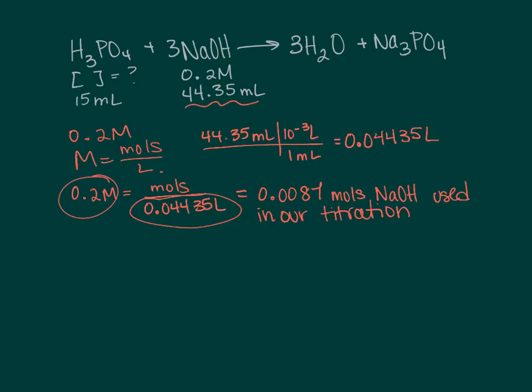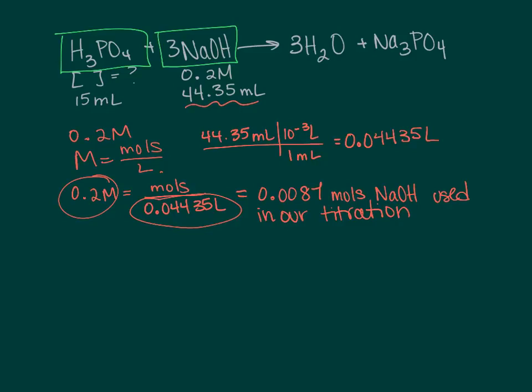So the next step is we want to convert to moles of phosphoric acid. So to do that, we must look back at our balanced equation. Our balanced equation says that for every 1 mole of phosphoric acid, it reacts with 3 moles of NaOH.